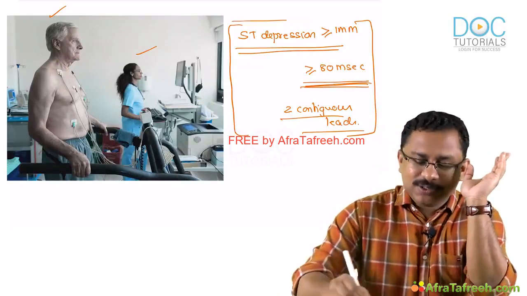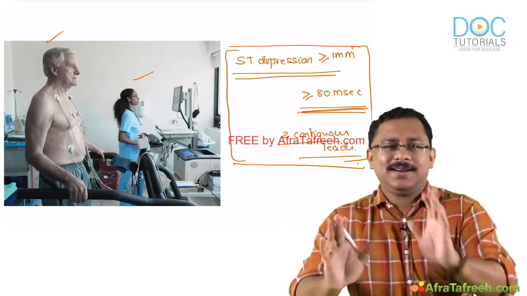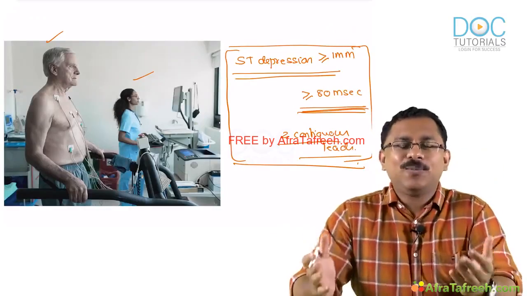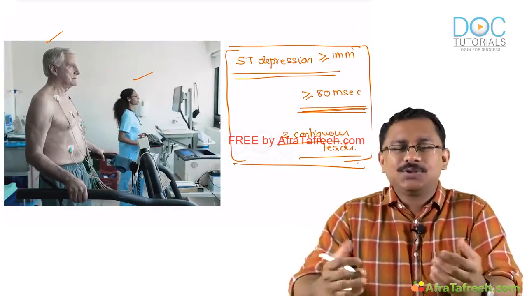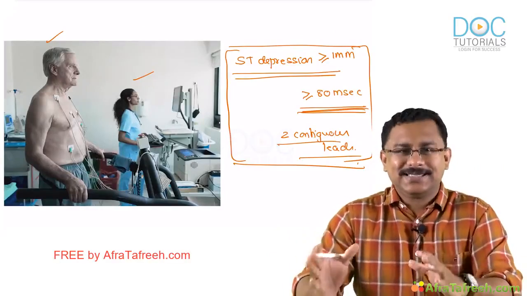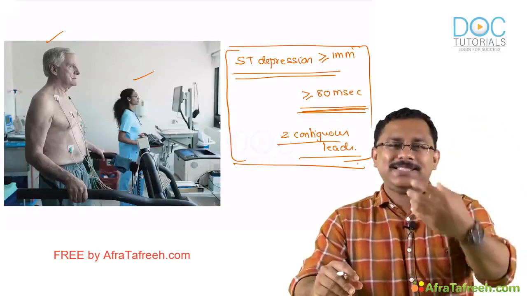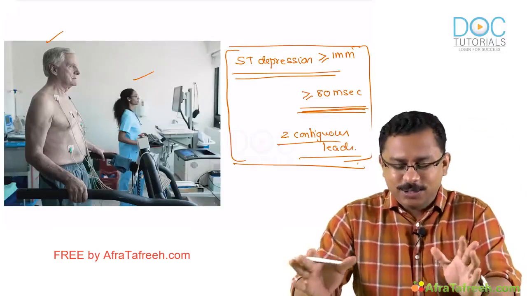And what is a normal treadmill test? The patient shows no ischemic changes despite attaining the target heart rate. You must know these terms, target heart rate and the maximum possible heart rate for an individual.